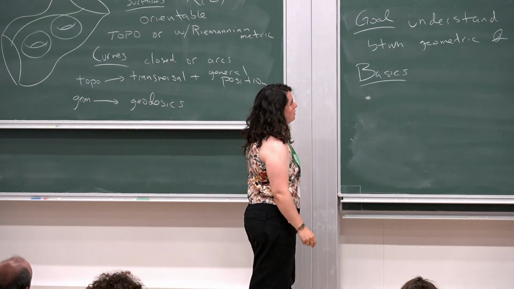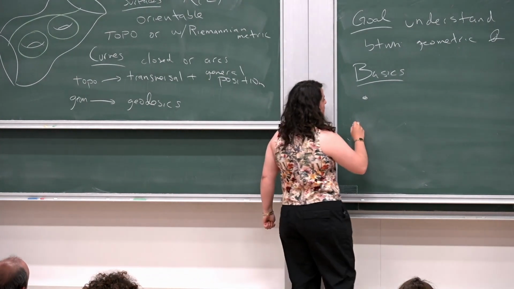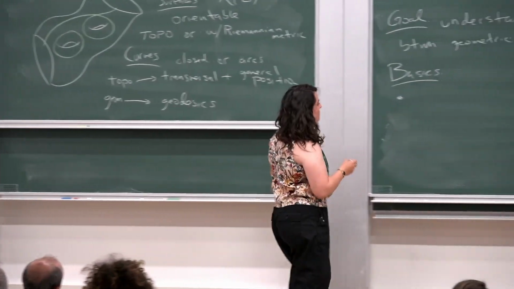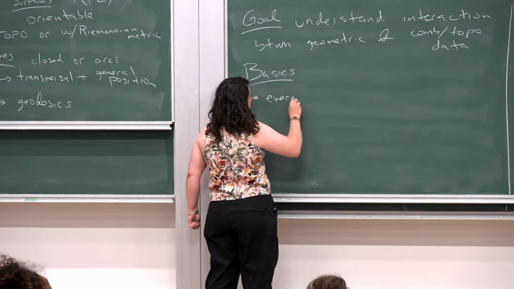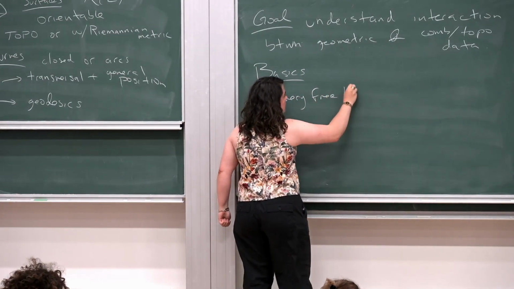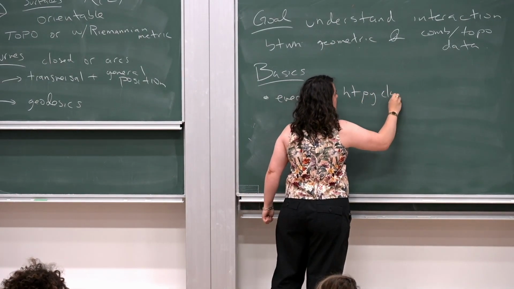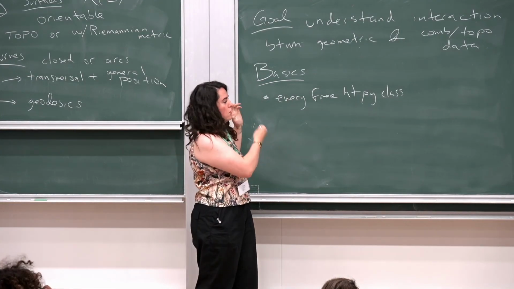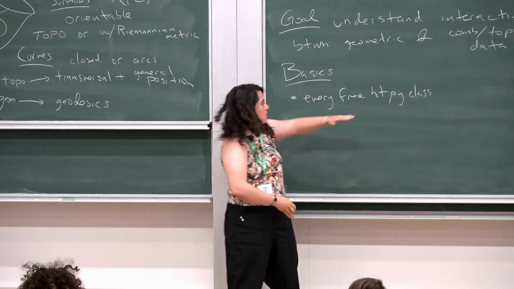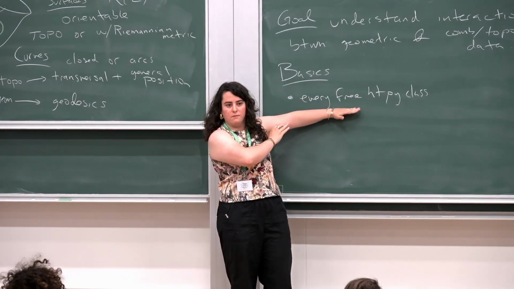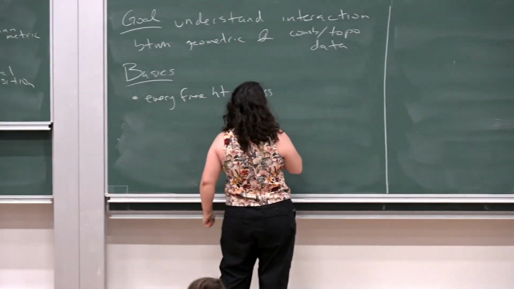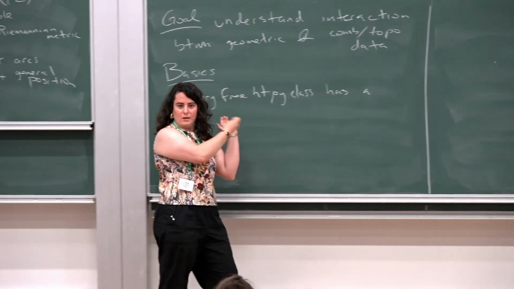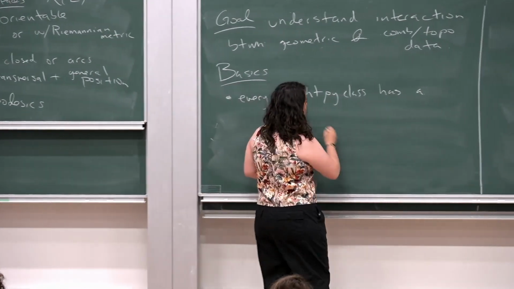What are the basics? Let's start with that. Every free homotopy class of either arcs or closed curves contains a geodesic representative. So this is purely topological stuff, but we're saying that in this homotopy class, there is something geometric, a geodesic representative.